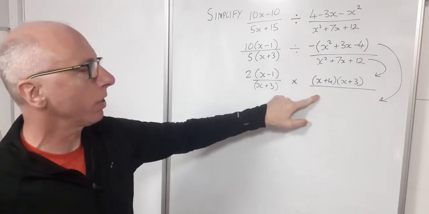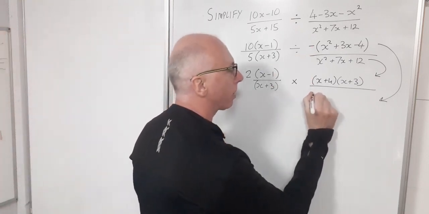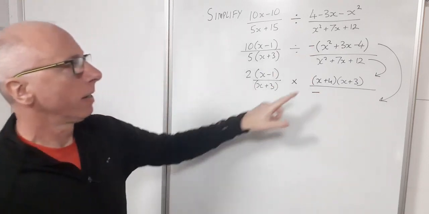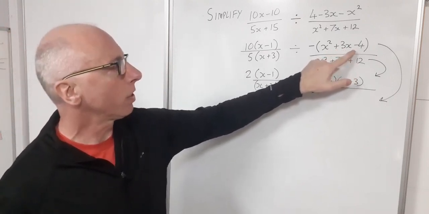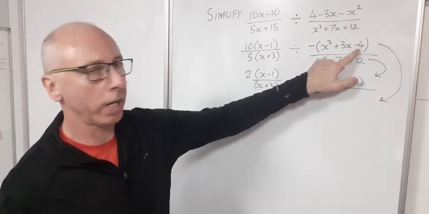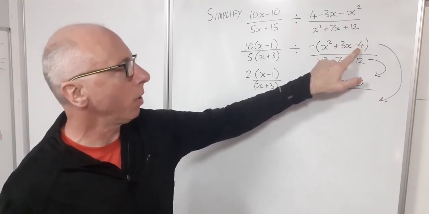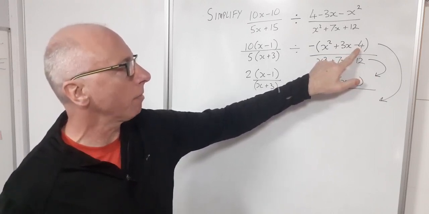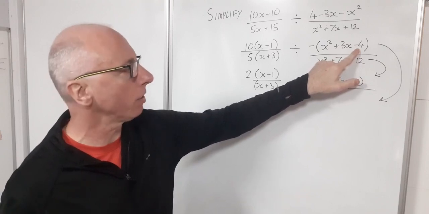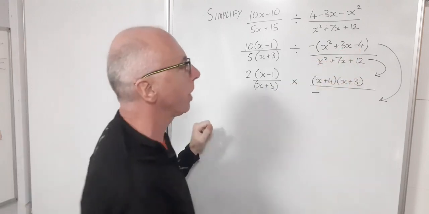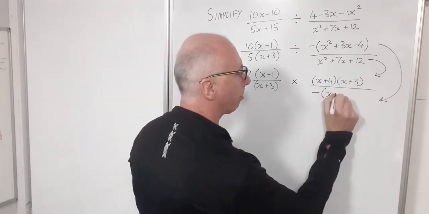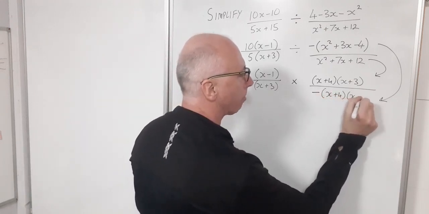Now let's take this one down into my denominator. So x squared plus 3x minus 4. So 4 and 1 is going to be the way to go. So I want a positive 4 and a minus 1, or a minus 4 and a positive 1. Well, as I've got plus 3x, I'm going to use positive 4 and minus 1. So x plus 4, x minus 1.